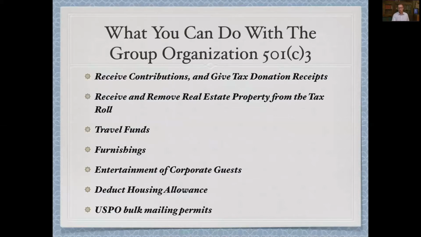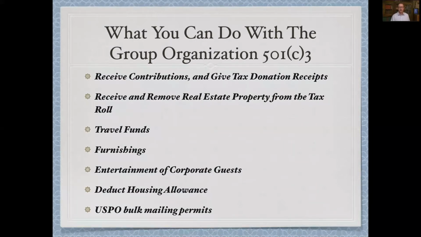So, what can you do with the group organization, 501c3? Well, really, you can do the same things that you can do under the individual 501c3. You can receive contributions, you can give tax donation receipts, you can receive and remove real estate property from the tax roll, and many of our affiliates do that.